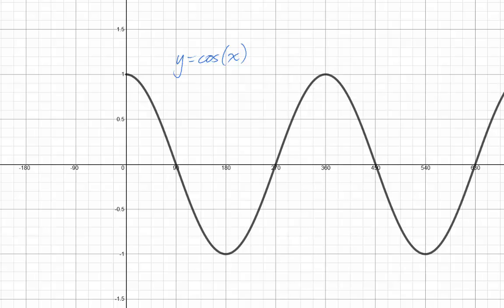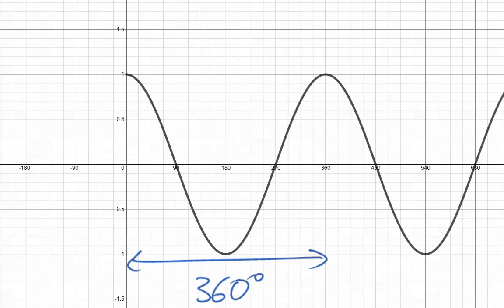Now that we have a graph of cos x, we can notice a few things. Firstly, it repeats itself after 360 degrees. It started at 0, 1, then reached the top point again at 360, 1, once we've gone around the circle once. It will keep on repeating every 360 degrees, because whenever you go around the circle, you're back at the same point again.